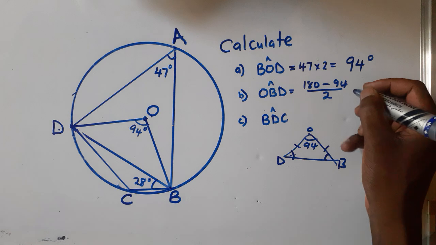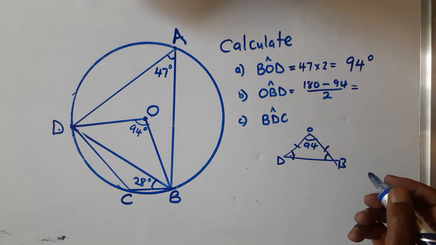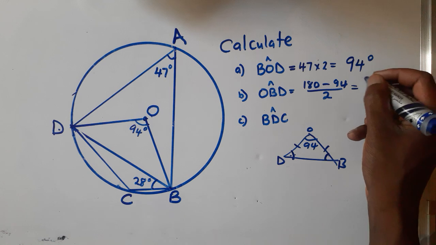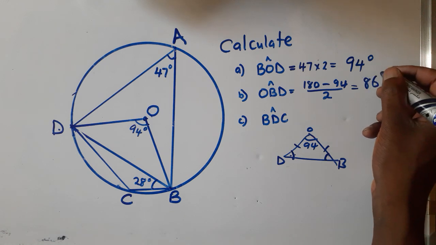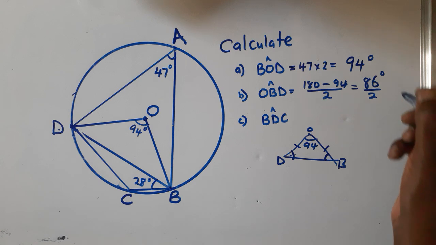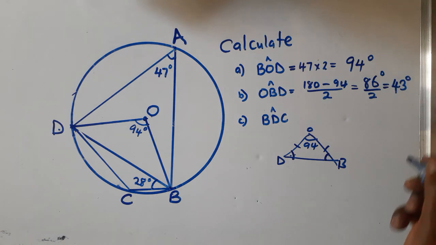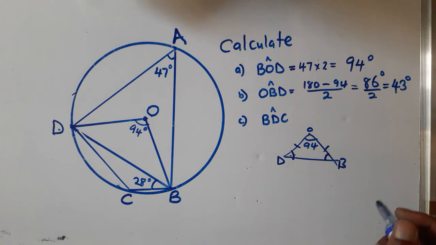So what do we get? 86 degrees, divided by 2. Finally, we get 43 degrees.